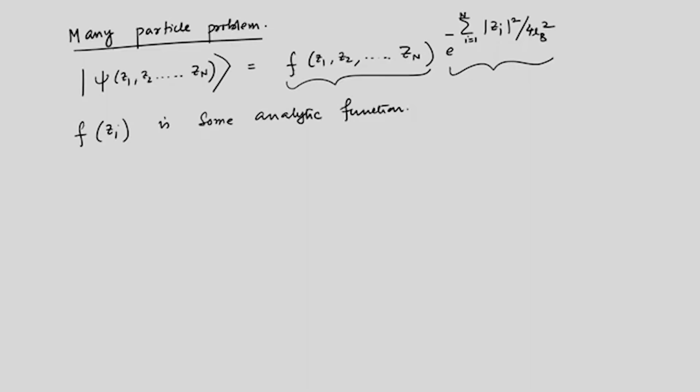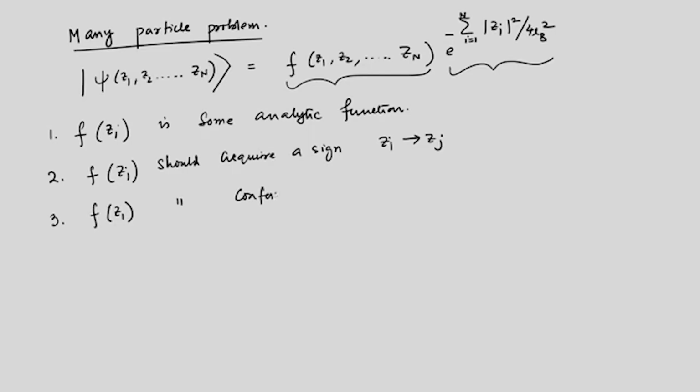And as I said, the conditions are: 1, analytic; 2, f of zi should acquire a negative sign if zi is swapped with zj, but two such swaps will again get back the sign; and of course, 3, f of zi should conform to the Pauli exclusion principle.